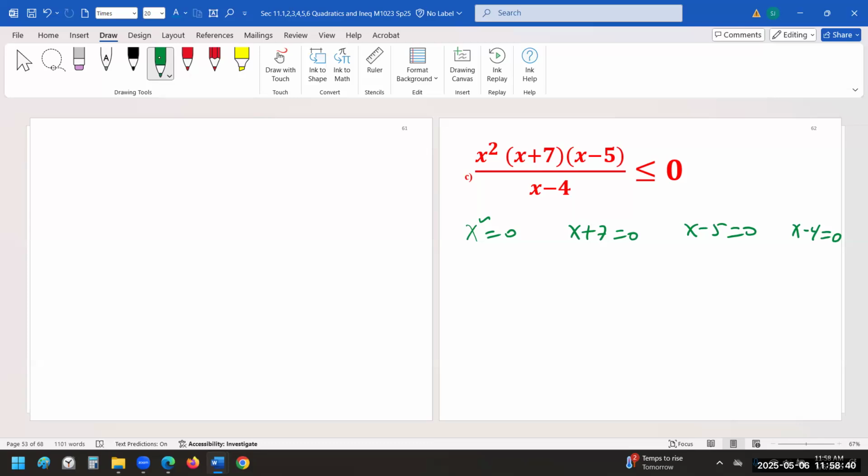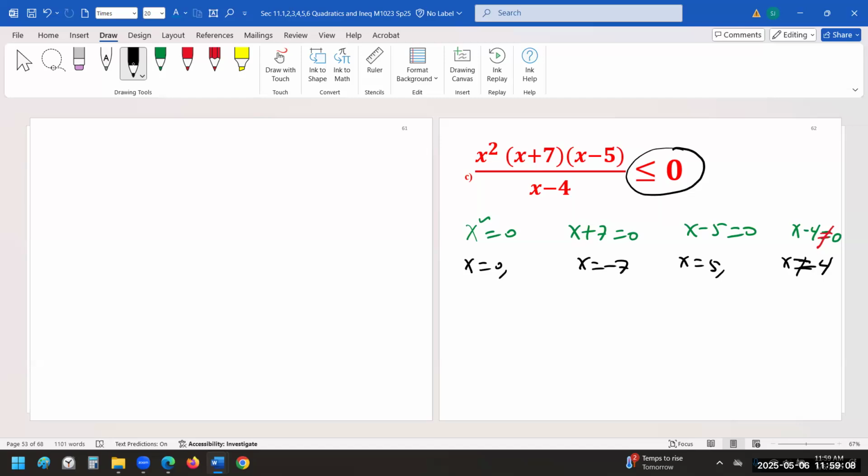But we know from before that the denominator can never be 0, right? So it's not equal 0. We should write denominator cannot be 0. And we solve: x is 0, x is negative 7, x is 5, and x cannot be 4. What type of boundary are you going to have?